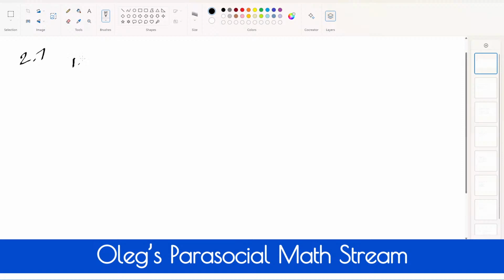Here we go. The first one is: for all x containing the real set, so all reals, x squared is greater than 0.